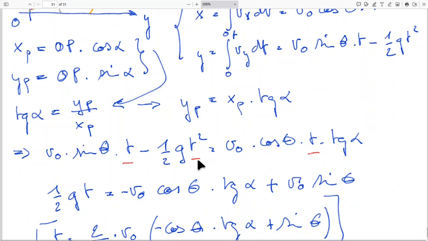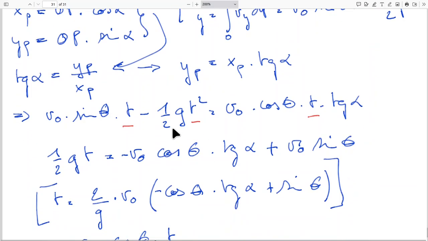So you can see we have a t here, here t squared and t, so we can get rid of a t and then rewrite that in function of 1/2 g t. So 1/2 g t goes to the other side, and this one goes to the other side here.